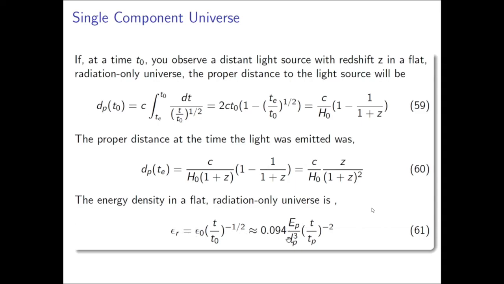So since the first thing that comes to our mind when we think about radiation only is the blackbody radiation, the nature of blackbody radiation in that specific universe, we get into Planck's law of radiation as such. So this is the energy, E_P is nothing but the Planck energy, and then you have the Planck length times t by t_P, that is Planck time. So the Planck length is basically 10 to the power minus 35, if I'm not wrong.